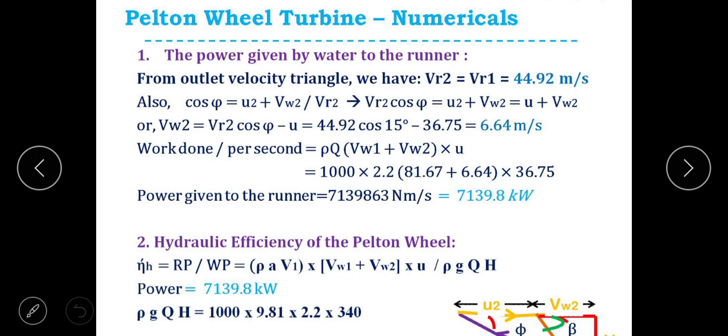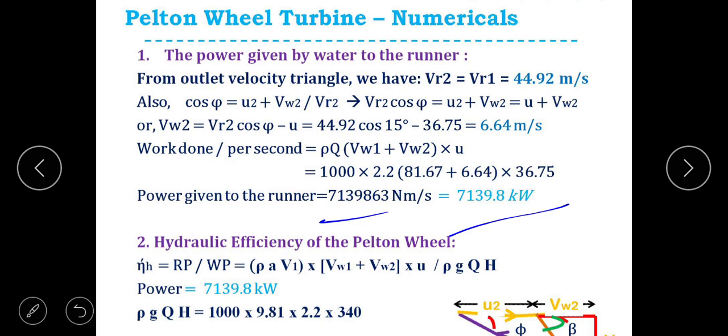Power given to the runner is equal to 7139863 Newton meters per second, or 7139.8 kilowatt. This is in watt, this is in kilowatt. So multiplied by 10 to the power of minus 3, you will get 7139.8 kilowatt.